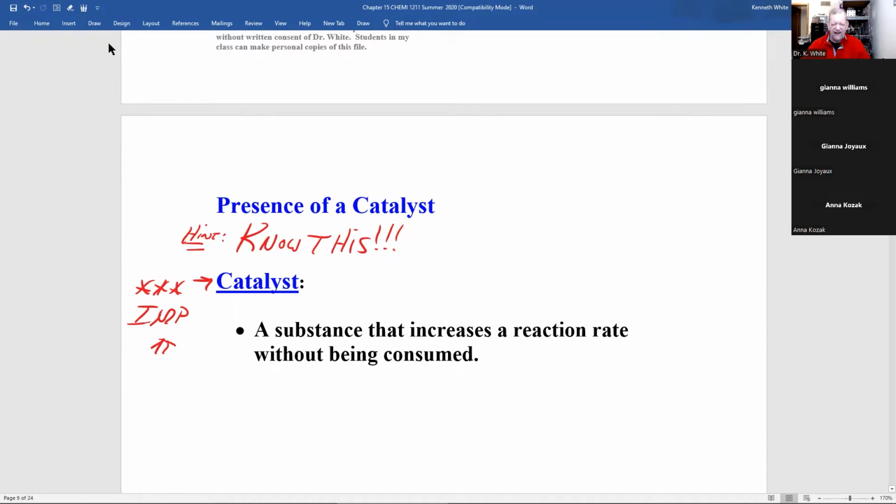So if I have a reaction, D plus E goes to make F. And it has a certain reaction rate. Let's call it X. If X is really large and I want to make it faster, I'll add a catalyst.